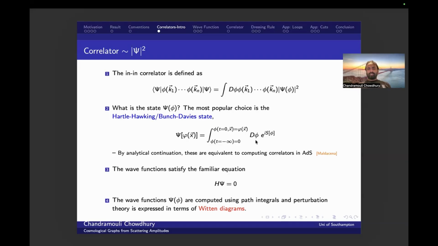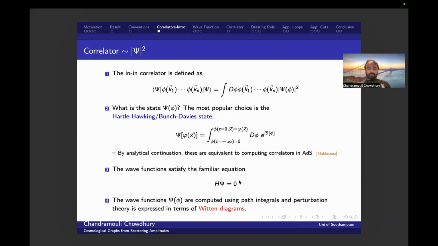And this is exactly the same path integral you would do if you're computing AdS correlation functions. Now, if this was unfamiliar, this is also the statement that this wave function satisfies the Schrodinger equation, at least without gravity, and even with gravity, there's a very similar equation you can write down, but it's simply the Schrodinger equation.